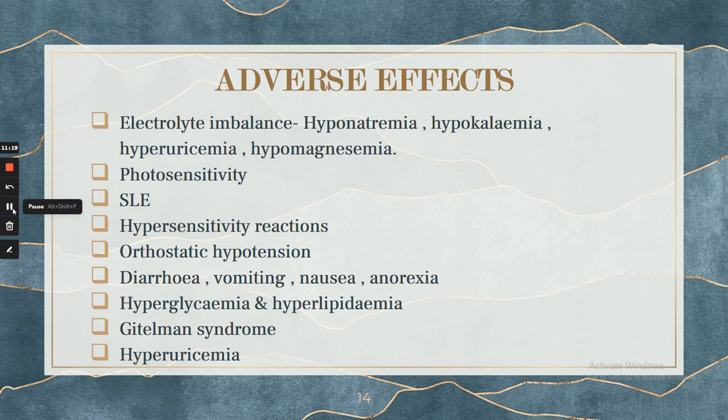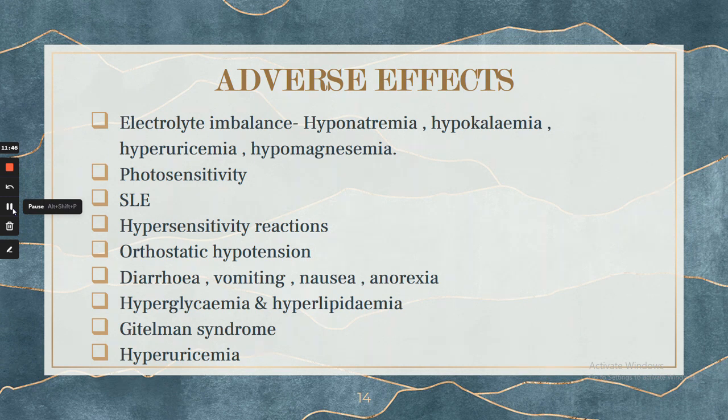Hypersensitivity reactions mainly occur in patients with sulfonamide groups, and as we saw in the synthesis, the synthesis of this drug includes the sulfa group, so the hypersensitivity reaction is obvious. Then orthostatic hypotension, diarrhea, vomiting, nausea, anorexia, or others.